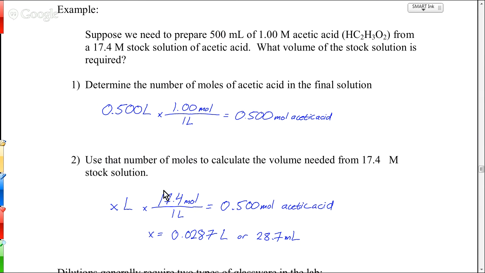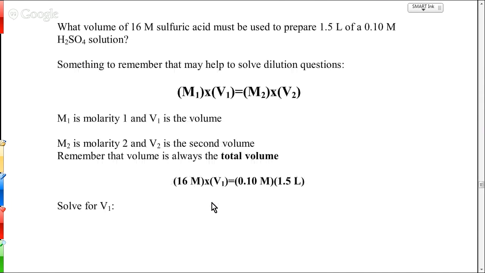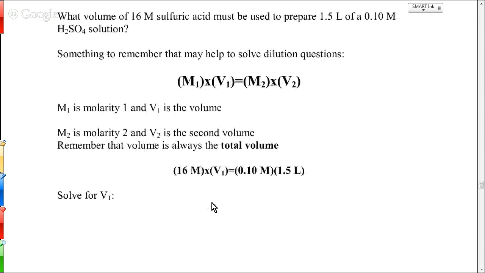In other words, the old concentration times the old volume has to equal the new concentration times the new volume. And that's because moles stays constant. Moles doesn't change. Another way this is sometimes written, which is probably clearer, is C1V1 equals C2V2, where C is concentration.